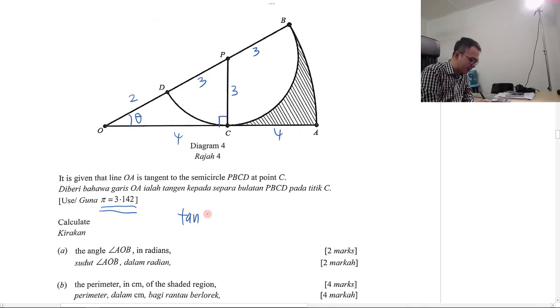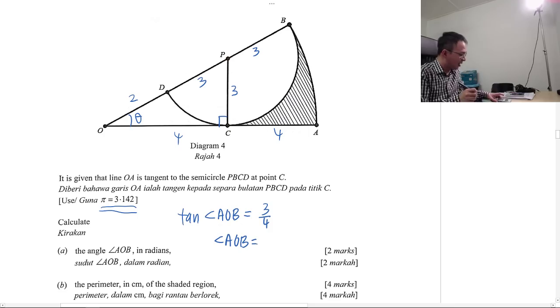I say tangent. Tangent of angle AOB is 3 over 4. I just change my calculator into radian mode to get my radian answer. So 3 shift tangent 3 over 4, I should get 0.6435 radians.